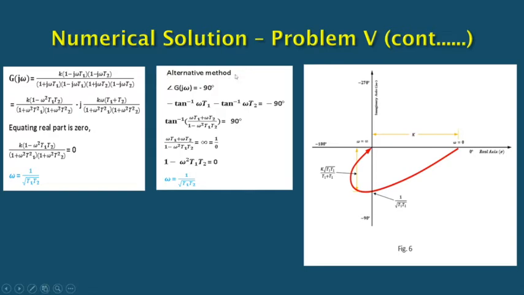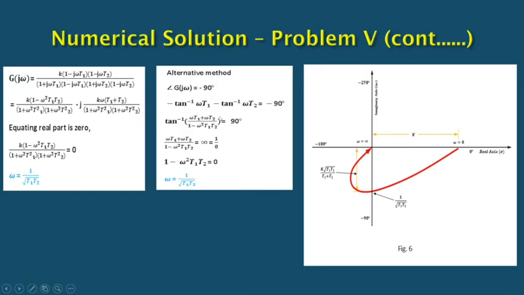Another alternative method is that at that point the phase angle is minus 90 degrees. So this is the phase angle equation. Theta equal to this value; we can write theta equal to minus 90 degrees. From this equation we know that tan inverse of (A + B) divided by (1 minus A into B) is equal to 90 degrees. The minus signs are cancelled from both sides.